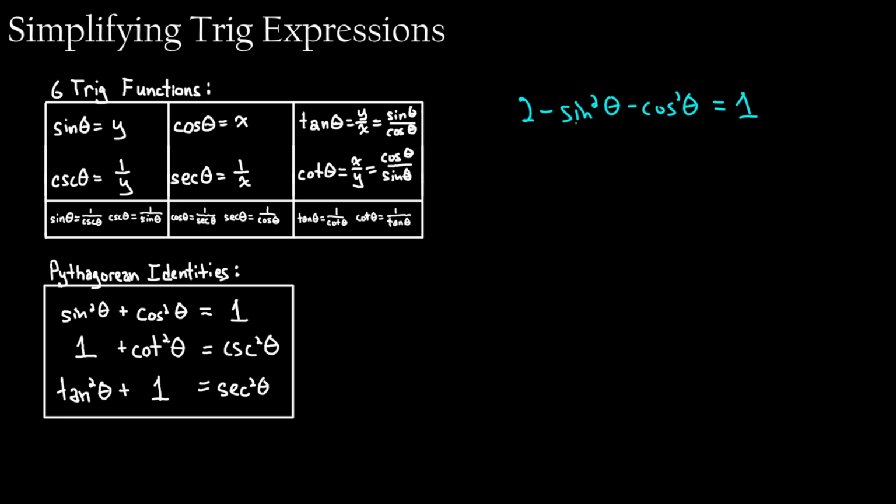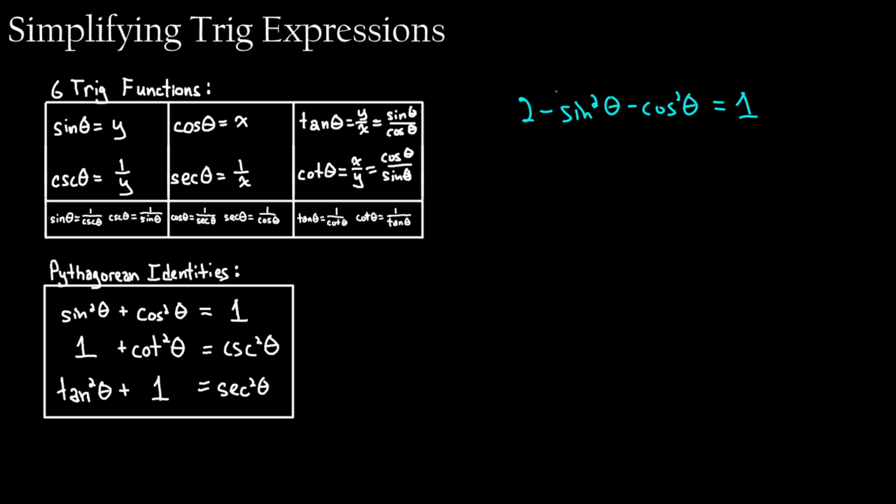The problem is it doesn't right away match up with any of these, but this is minus sine squared theta minus cosine squared theta, and here I've got positive sine squared theta plus cosine squared theta is equal to 1. If I could somehow get these negatives to be positives, then I could substitute 1 in there. Well, let's pull out a negative.